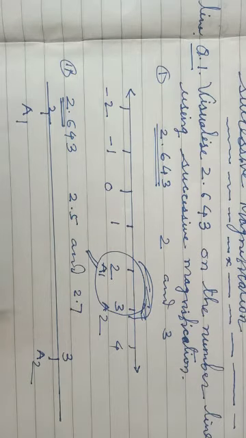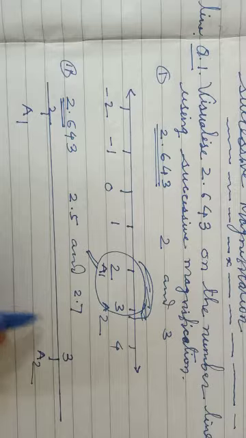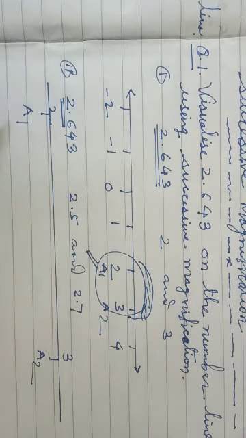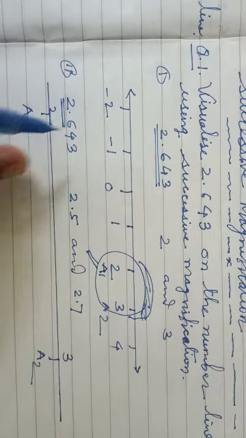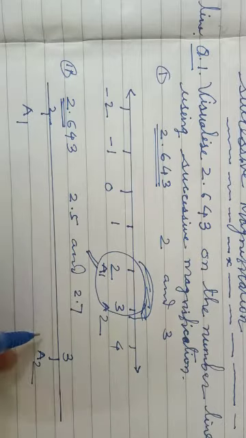Why 10 equal parts? Because we are taking 2.6. After the decimal point, what is the place value of 6? Tenths. It means we should divide that portion into 10 equal parts.